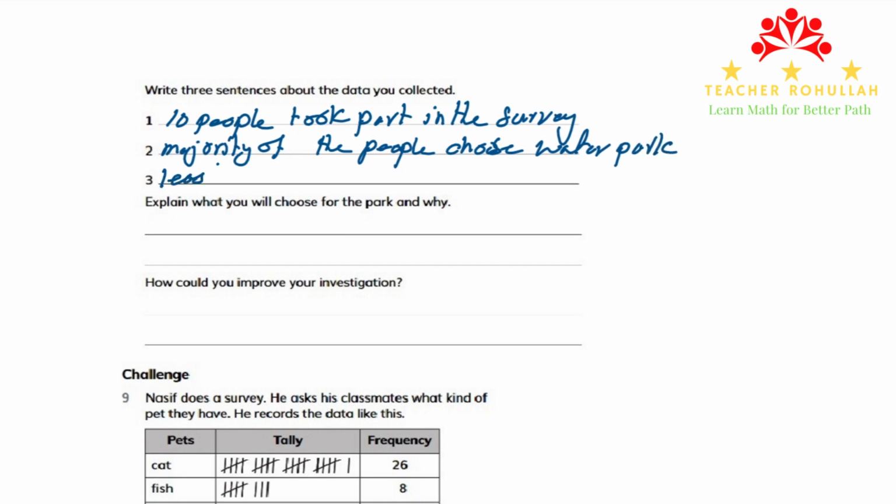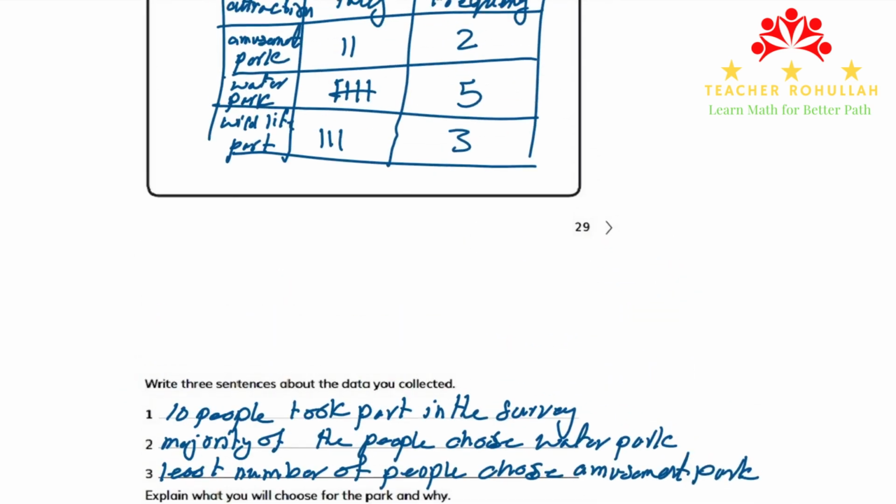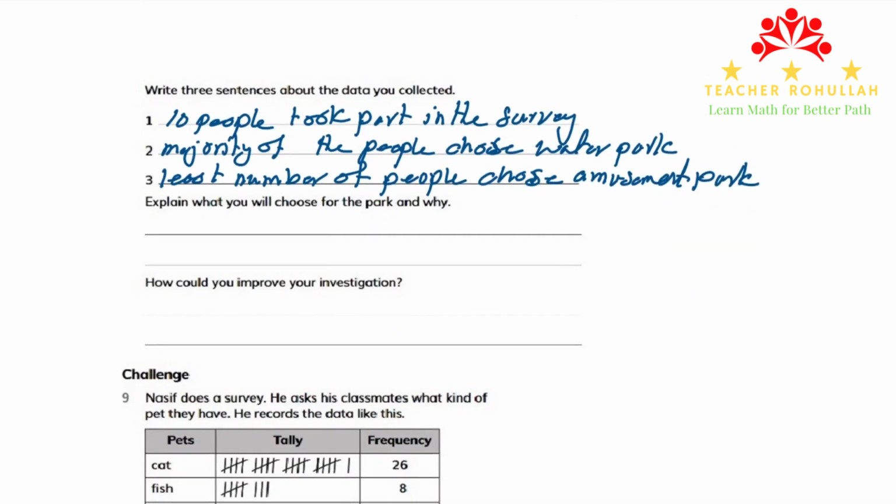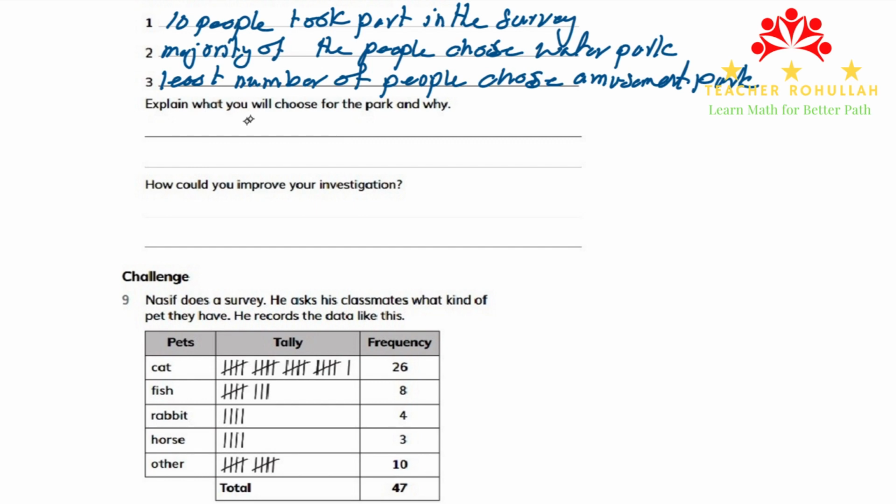And the other one I will write least number of people chose amusement park. These are the 3 sentences that I could write about the data I collected here in this frequency table and tally chart.